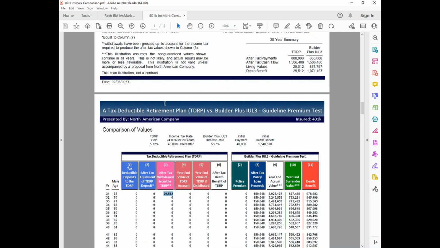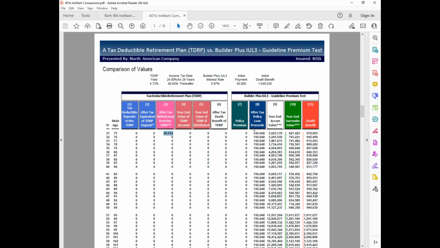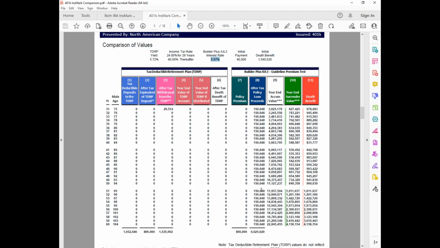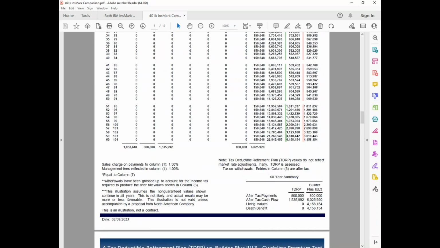So if you wanted that 401k to last longer, you're going to have to take a lot less out. But because of the positive arbitrage that we can get inside of an IUL, we can continue to keep taking this 150. Of course, this is based on this return, but it could be higher or lower, but you can see it continuing all the way to 120.